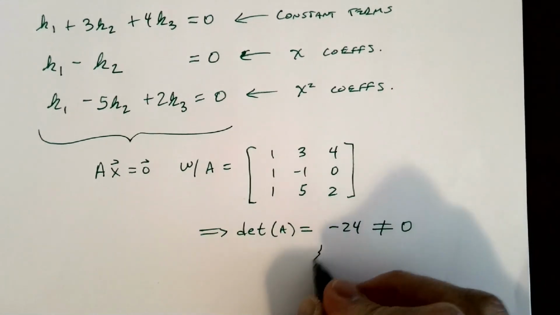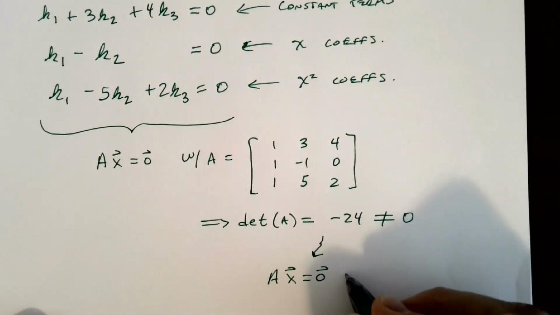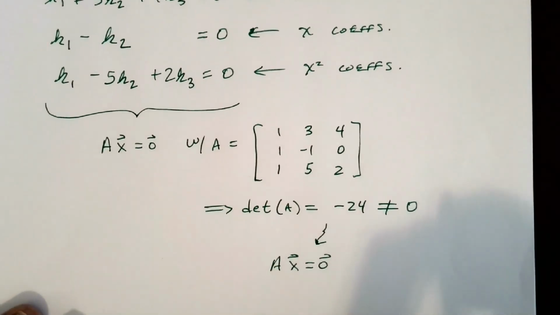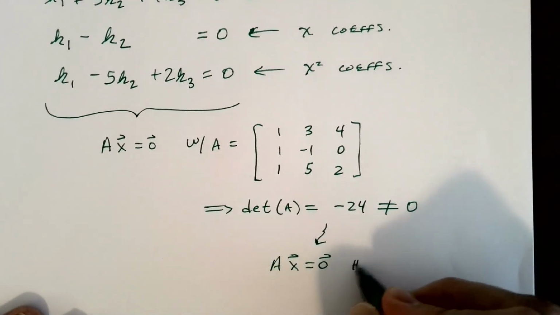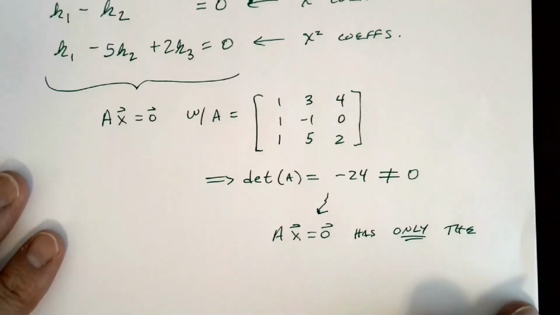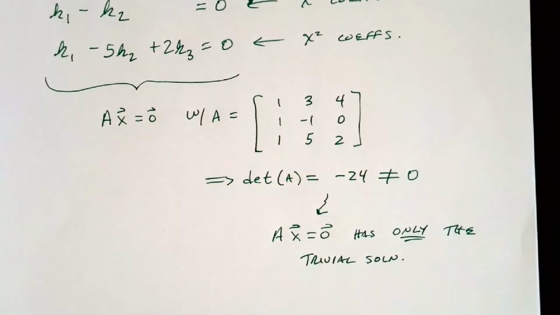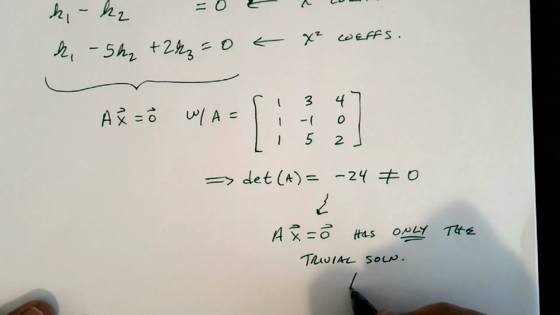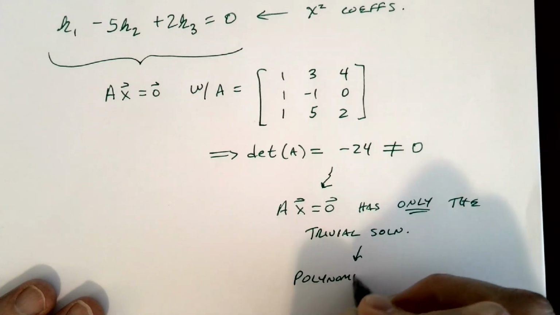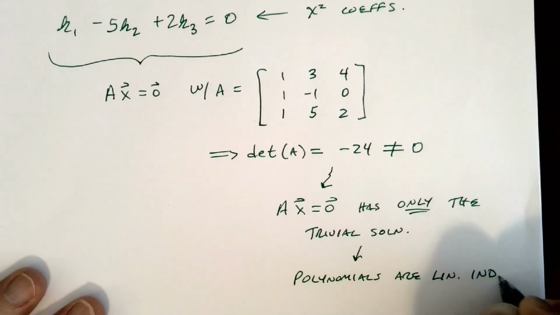Because A is square and the determinant is not 0, A is invertible, and Ax equals 0 has only the trivial solution. And therefore the polynomials are linearly independent.